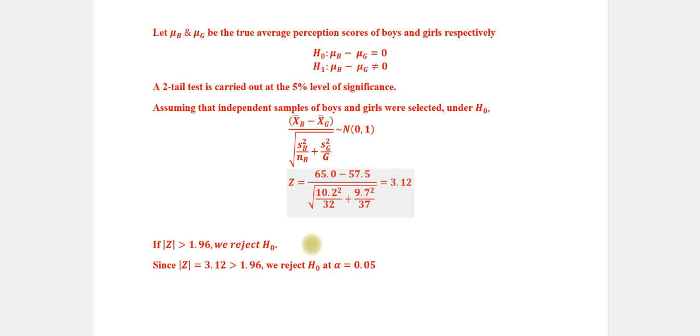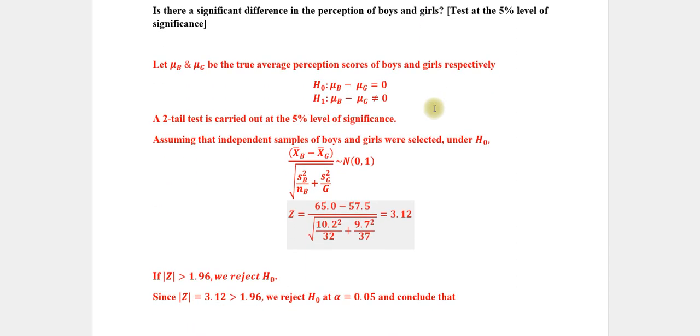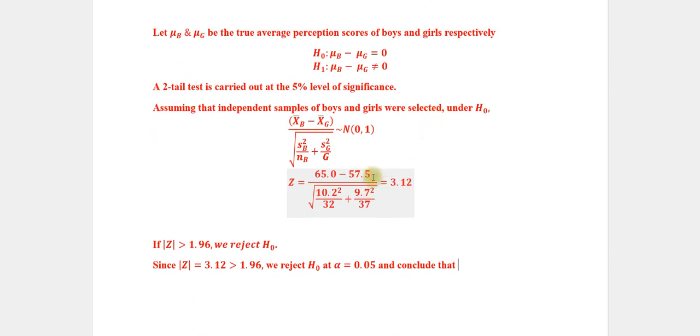We reject the null hypothesis at the 5% level of significance and conclude that, what was the question? Is there a significant difference in the perception scores of boys and girls? So we have rejected the null, which means that it is not equal to 0. So if it is not equal to 0, it means that there is a significant difference, and we conclude that there is.